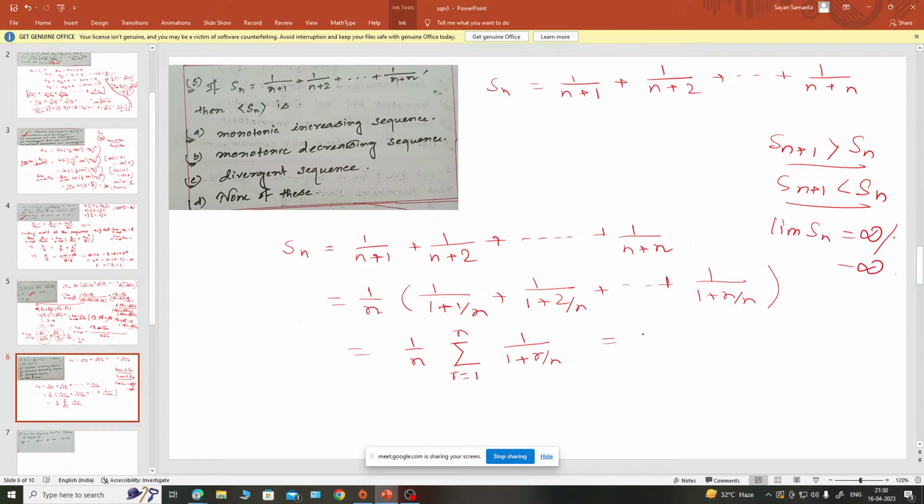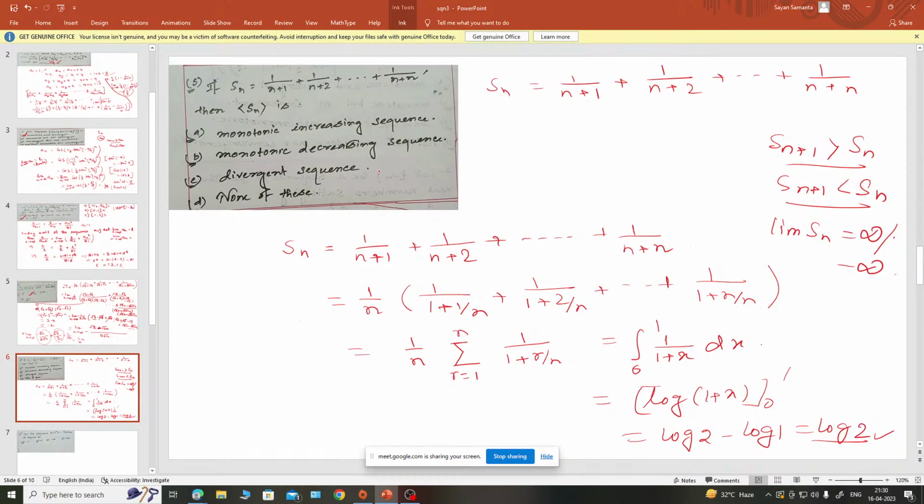And this value we can write as integral 0 to 1 of 1 by 1 plus x dx, that is log form. So log 1 plus x from 0 to 1, that is log 2 minus log 1, that means log 2. So log 2 is a finite value, so definitely it is convergent.